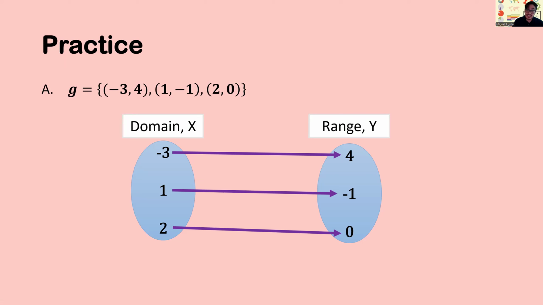Yes. This one is a one-to-one function because the wives, or the y values, only have one x value as their partner. We have no sharing of y values. Does that make sense? Questions, comments?